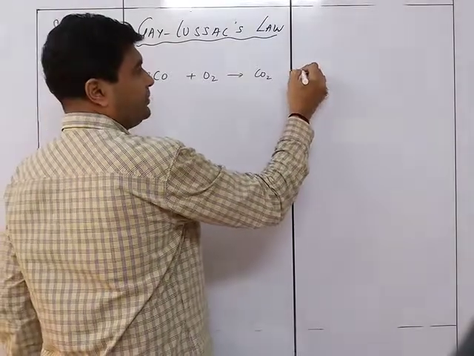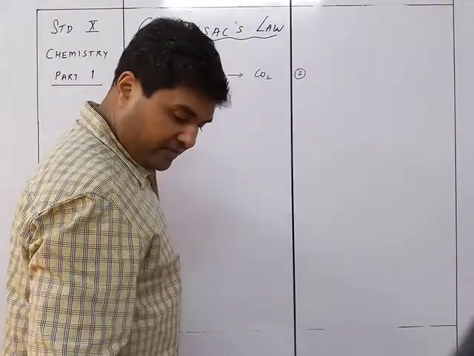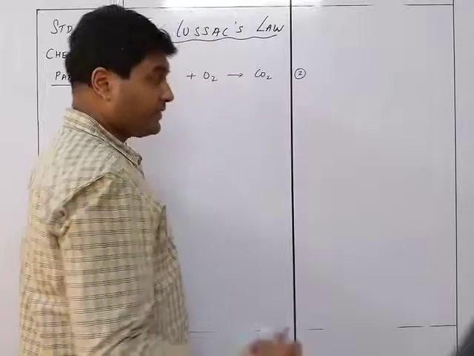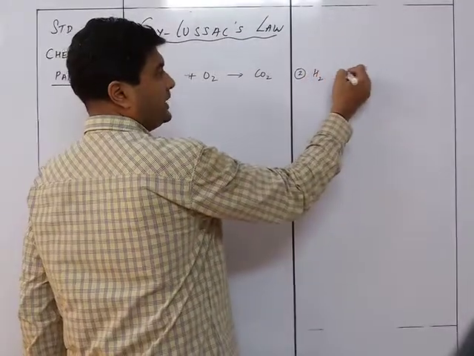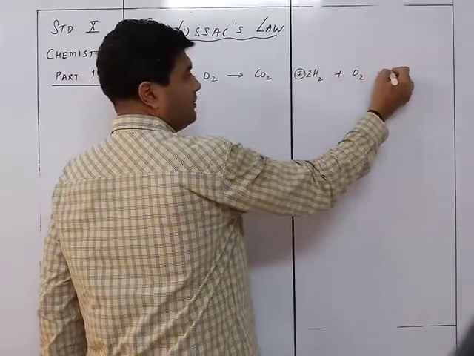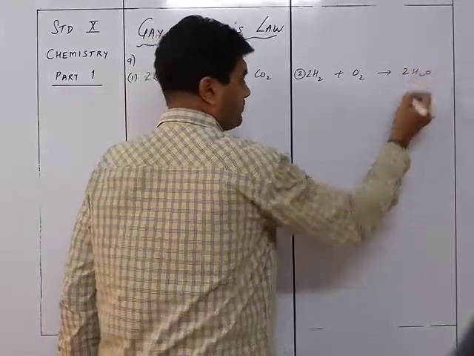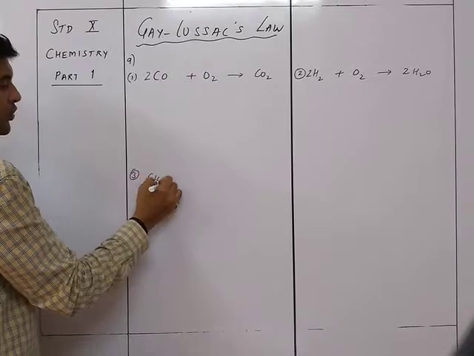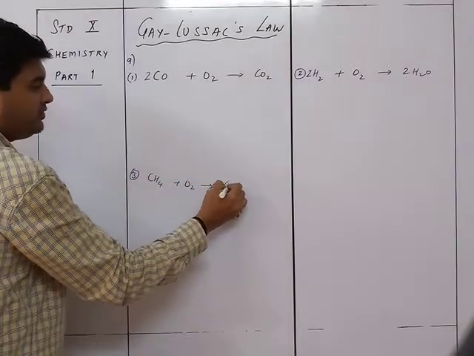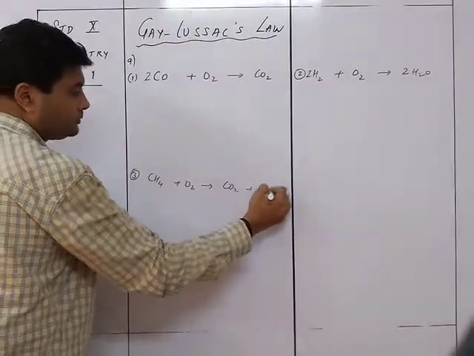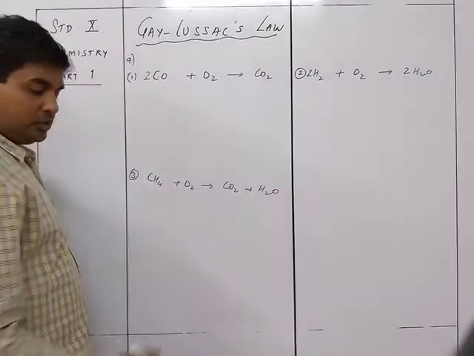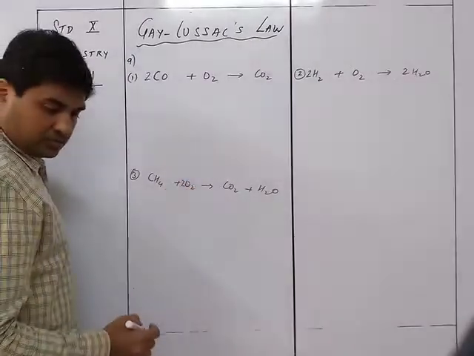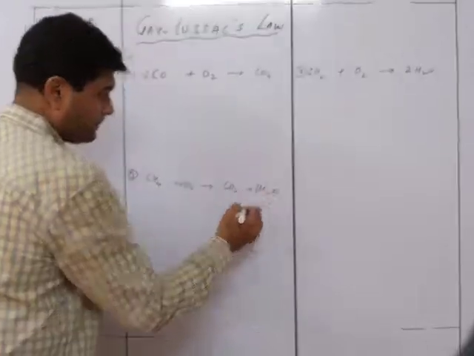The second equation, you are having the hydrogen, so that is 2H2 plus O2 giving me 2H2O. And the third is CH4 plus O2 giving me CO2 plus H2O. Okay, so balancing this thing.